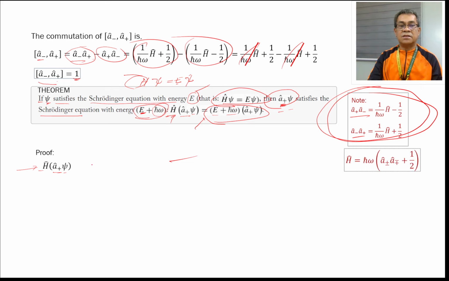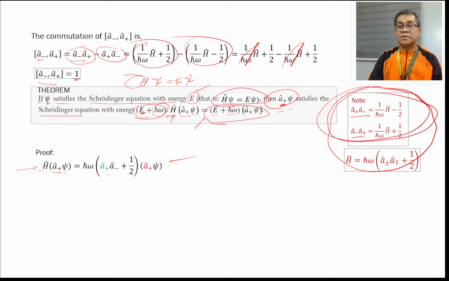To do it, of course, we need the result that we previously derived in the last slide. So substituting the values from the operator, remember that we have this result for the product of the two.